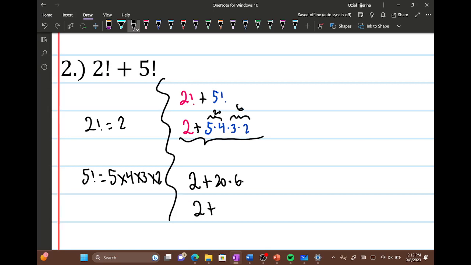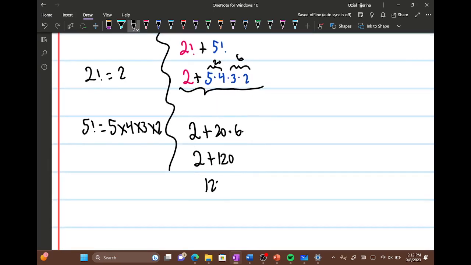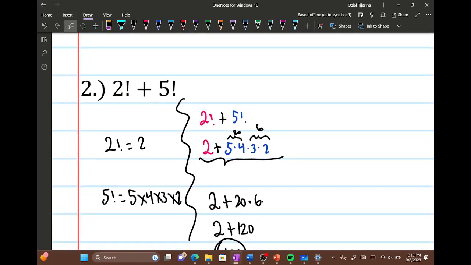It's going to be 2 plus 120, which is 122. So 2 factorial plus 5 factorial is 122.